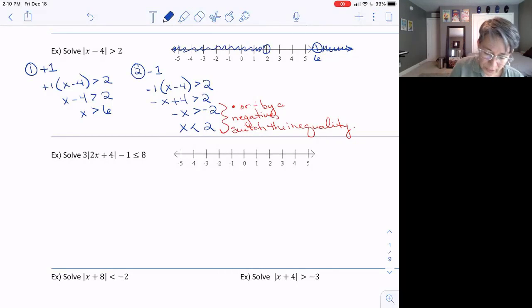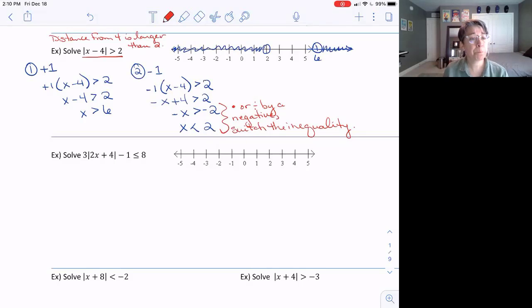Now, when we look at the original equation, this means the distance from 4 is larger than 2, right? Absolute value represents distance, so the distance from x to 4 has to be larger than 2.